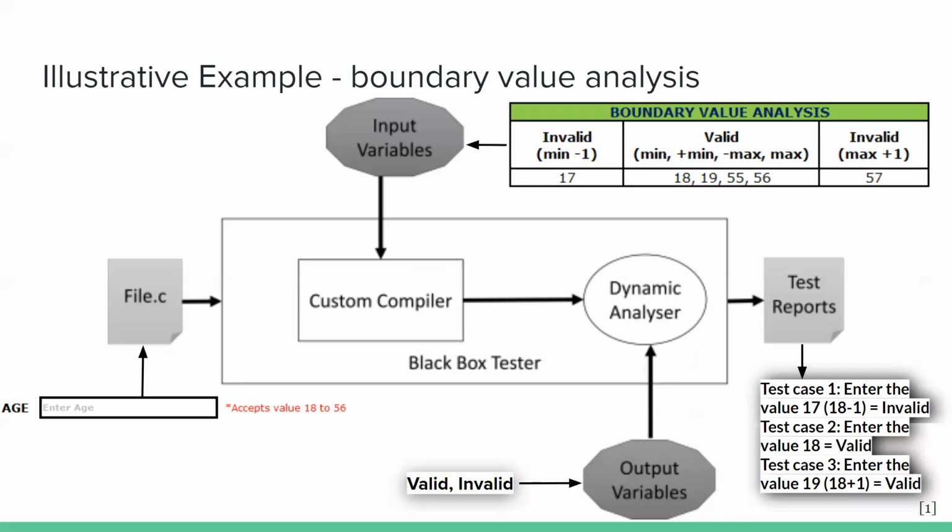This is a boundary value analysis example using Blackbox. 1. The program has an input box which accepts values between 18 and 56, and input values 17, 18, 19, 55, 56, and 57 are fed into the compiler. 2. The compiler generates the min and max values of input variables. 3.